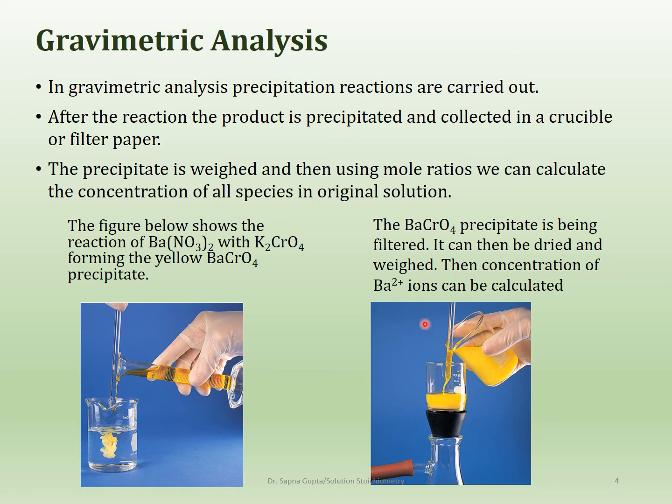So you dry it and you weigh it, and then you do a back calculation, okay, to figure out how much of the initial substance was in there. So usually crucibles are used in this, and in some cases you actually use filter paper, and then you burn the filter paper and you just get the solid, okay, in there. So there are different ways of doing gravimetric analysis.